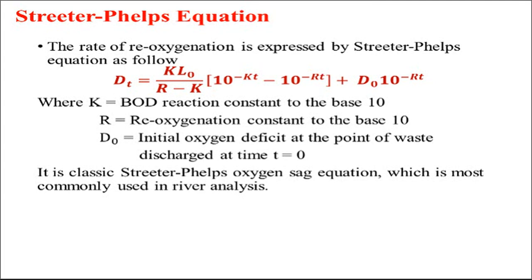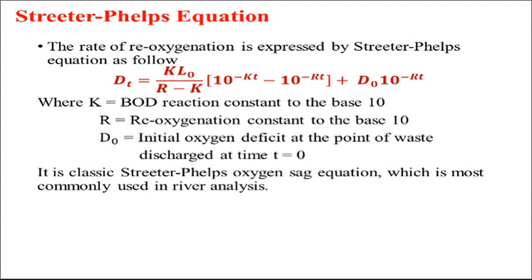So the equation is like this: Dt is equal to K L0 divided by (R minus K) into bracket 10 raised to minus Kt minus 10 raised to minus Rt bracket complete, plus D0 into 10 raised to minus Rt, where K is equal to the BOD reaction rate to the base 10, R is equal to the reoxygenation constant to the base 10, and D0 is equal to the initial DO deficit at the point of waste discharge at time t equal to 0.